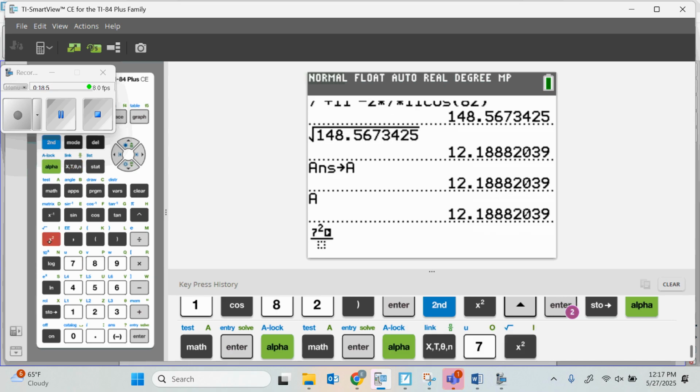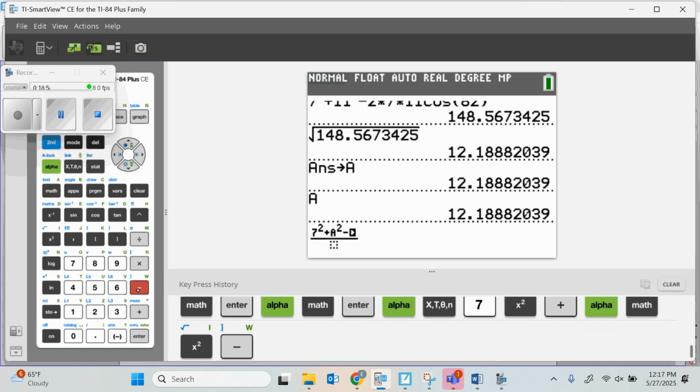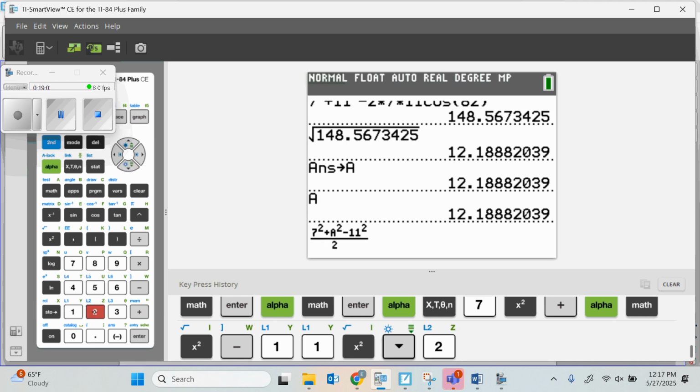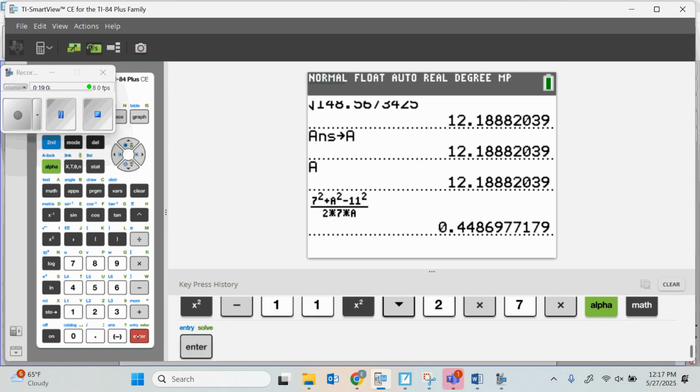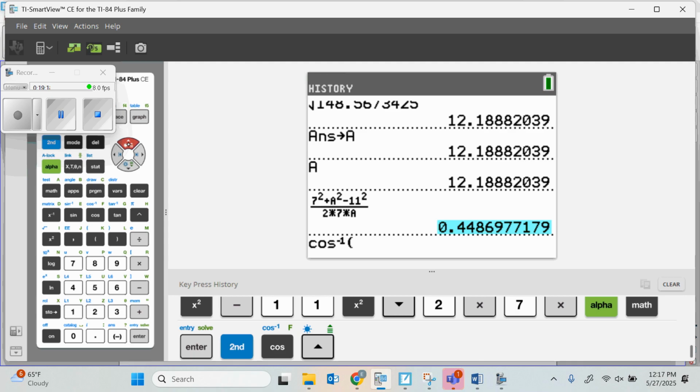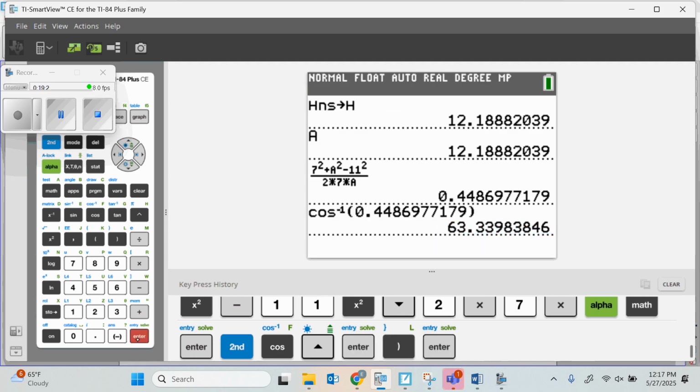I've got 7 squared plus, instead of using that 12 whatever number, I'm going to use A squared minus 11 squared over 2 times 7 times A. When I do that, I get that weird number, but again, that's cosine B. To figure out what B is, I have to inverse cosine my answer, just like we did back in SOHCAHTOA days. So now I know angle B is 63.340 degrees.